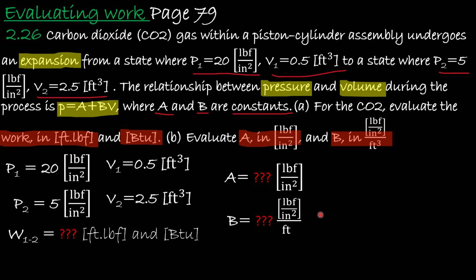Now, it is a good practice to read the problem very well, to write down what is given, and for practice, just like what we did in the first problem, 2.25, you can sketch this problem and draw the piston cylinder assembly to illustrate what you are given and what you need to find.